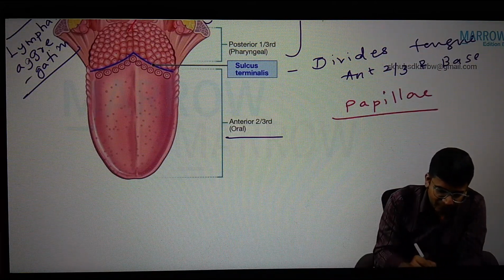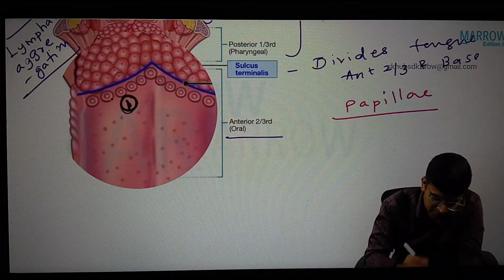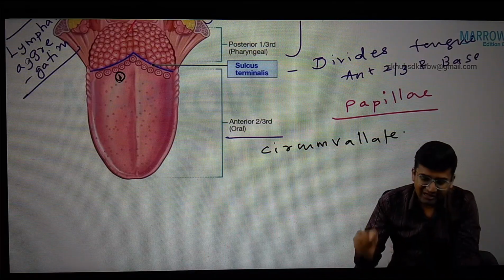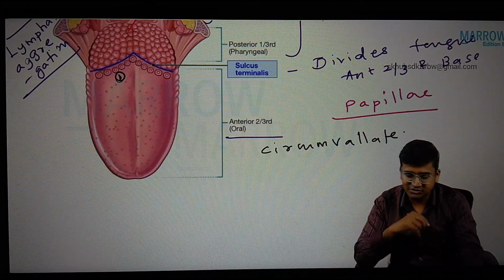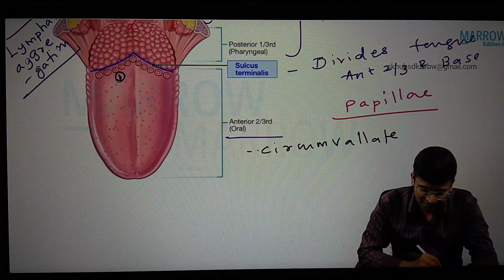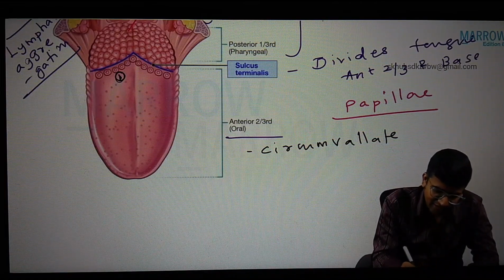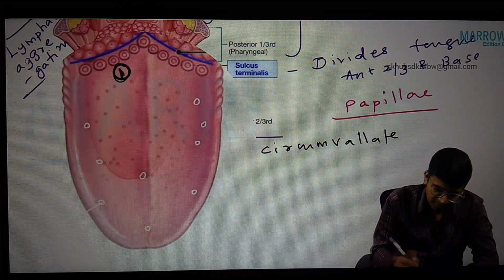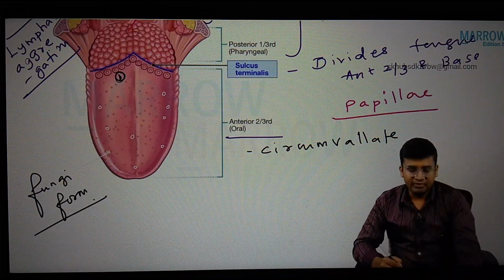Number one, this is the circumvallate papilla. Circumvallate papilla is present in front of the sulcus terminalis. Number two, these raised margins I will mark here. These are the fungiform papillas.